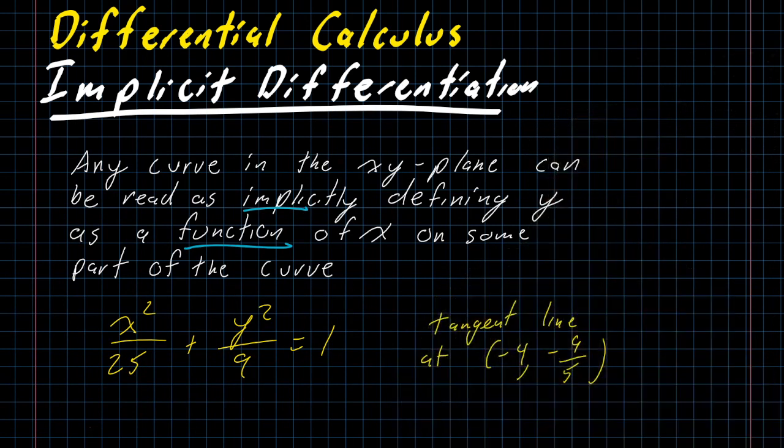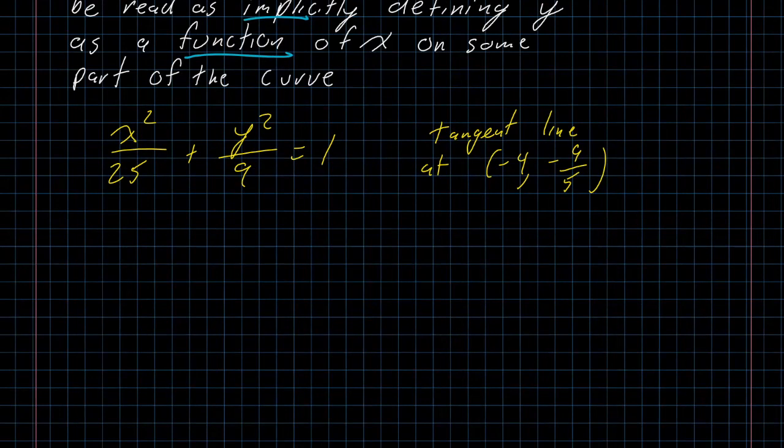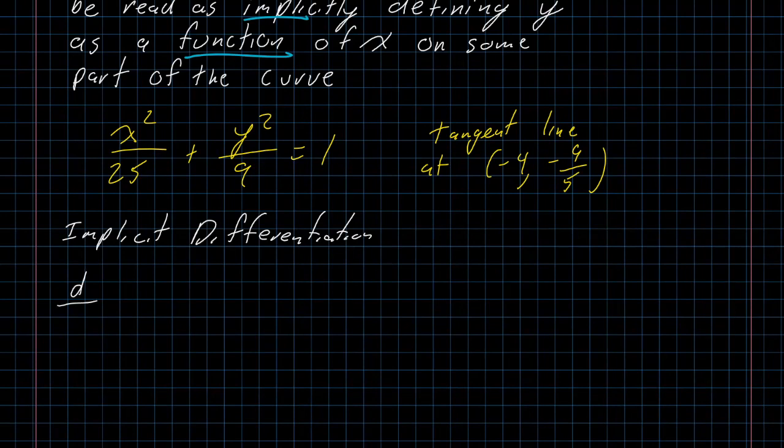All right. So the method that we are looking at is called implicit differentiation. And the way this method works is I am going to take the derivative of the entire left-hand side of the equation.